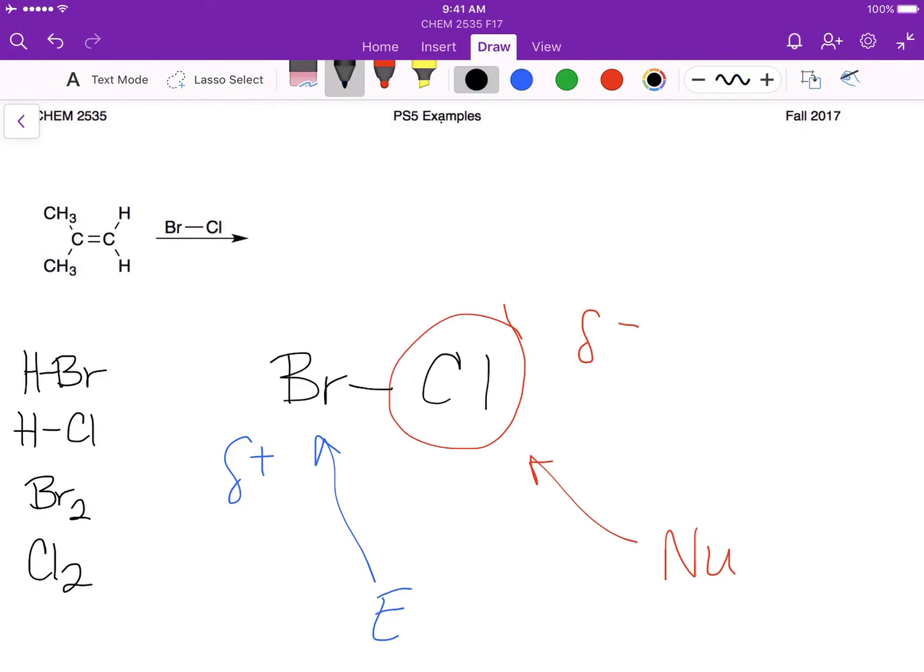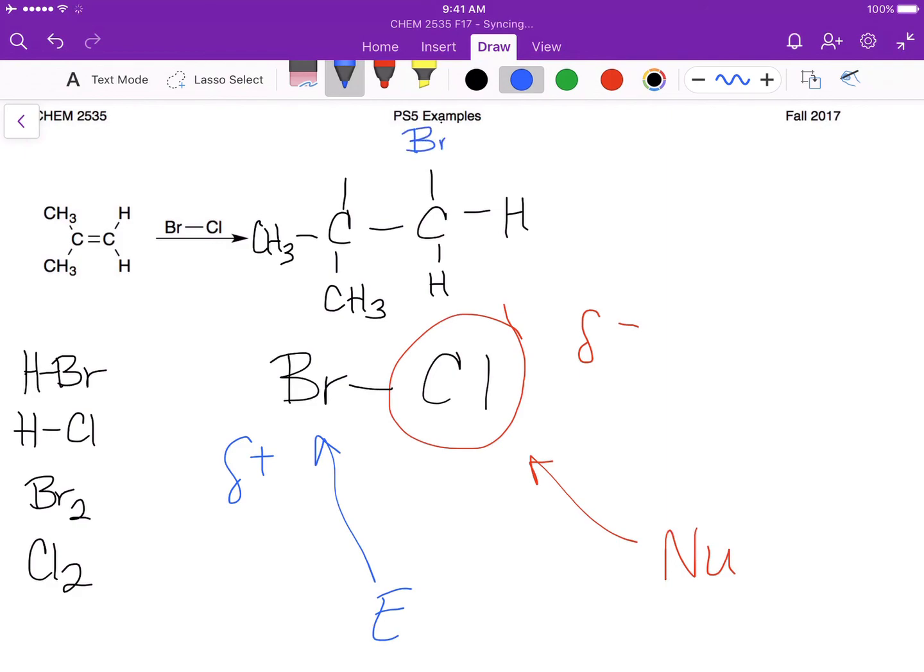So if we redraw our carbon skeleton here, the less substituted carbon gets our electrophile, which we said here is going to be bromine. And then our more substituted carbon is going to get the nucleophile, which we said would be chlorine. And that is our answer to our example.